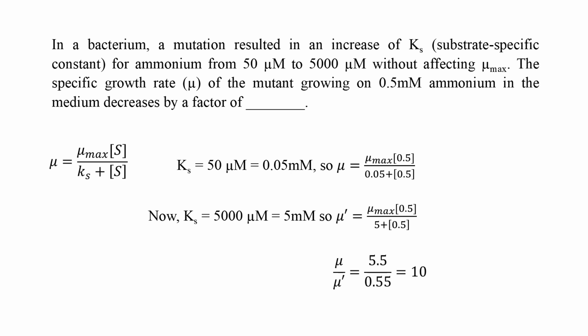So when Ks is equal to 50 micromolar or 0.05 millimolar, the mu or the growth rate is mu max into 0.5 divided by 0.05 plus 0.5. When the Ks is 5000 micromolar or 5 millimolar, the mu changes. So the ratio comes out to be 10. It decreases by a factor of 10. Moving on.